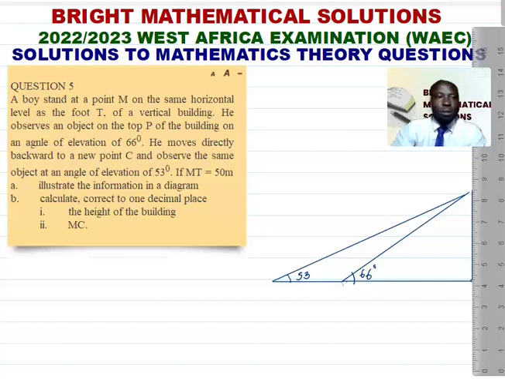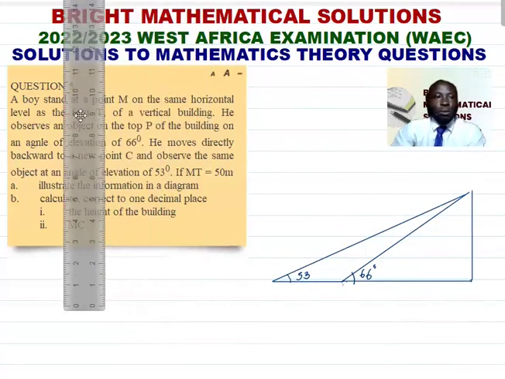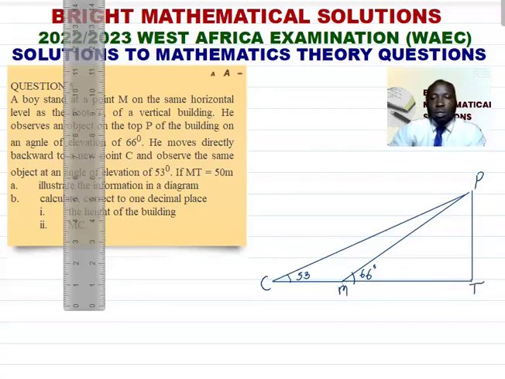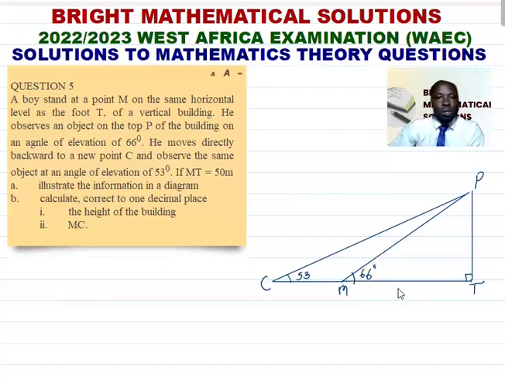Now let us do the labeling properly. They said this is point C. So this is the top of the building, which is point P. They say this is point M, and they gave us this place to be T. So the question says MT is 50, that is 50 meters.